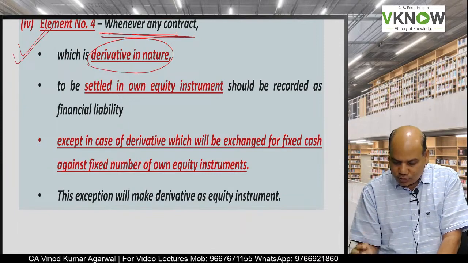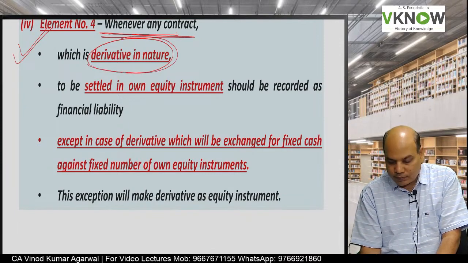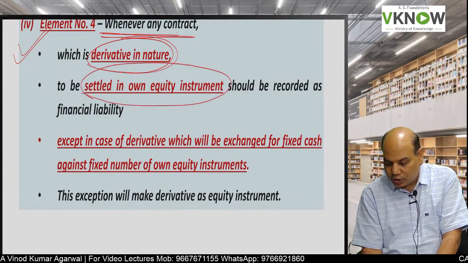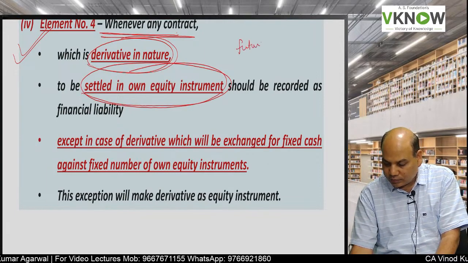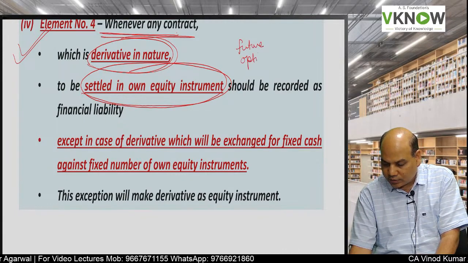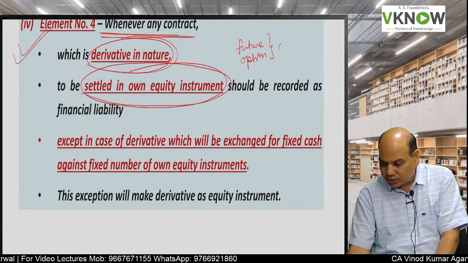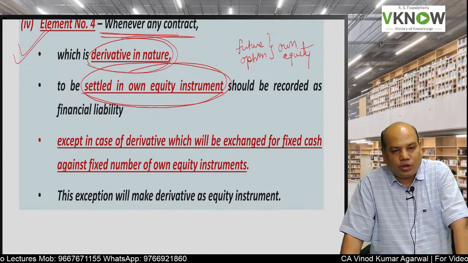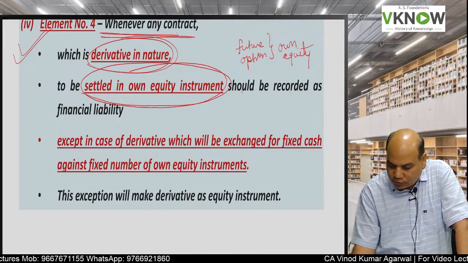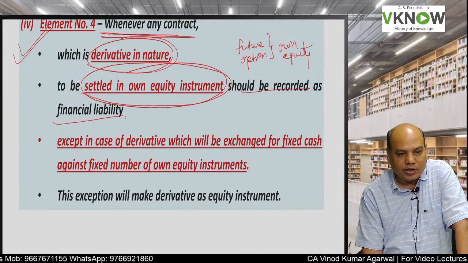Element number 4 is a derivative instrument settled in own equity instrument, like for example a future contract or an option contract which will be settled in own equity instrument, it will be recorded as a financial liability.